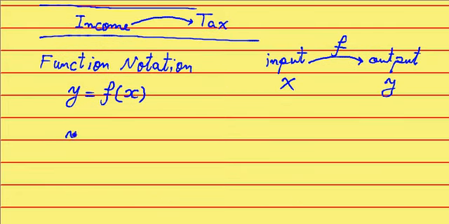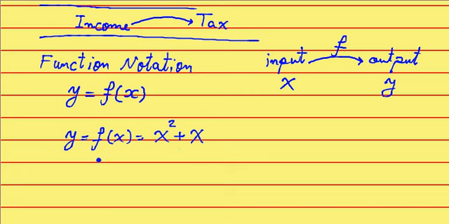Suppose I tell you I have a function, a specific function, f of x is equal to, say, x squared plus x, a very simple function. What does that mean? Well, x is our input, y is our output, f is the name of the activity, in this case this particular given activity. Now what is going on here?